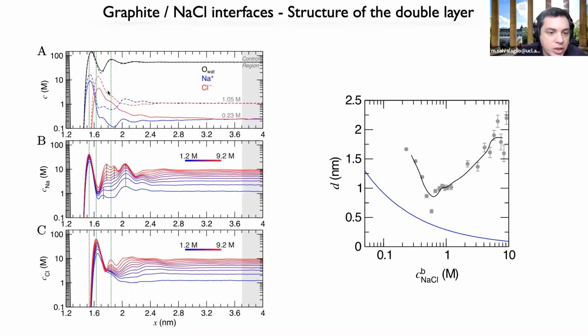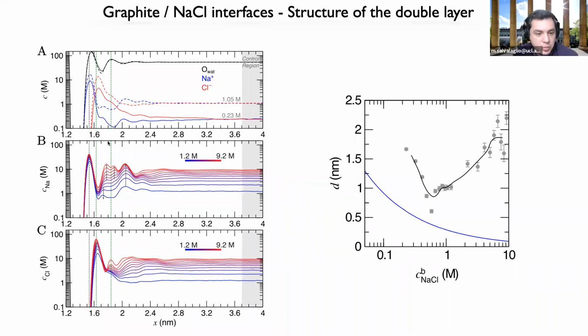Now, the emergence of these structures in the double layer becomes more and more important and prevalent when we increase concentrations. And this is shown in these 2 panels, B and C, where, again, these peaks associated to layers of different charge emerge as a function of concentration or disappear, as in this case here.